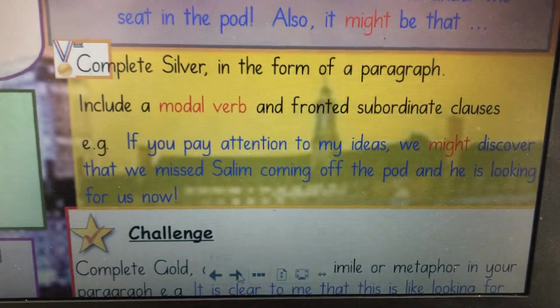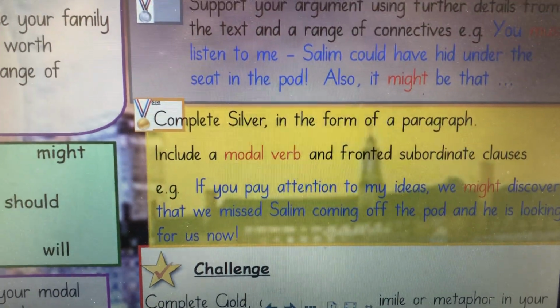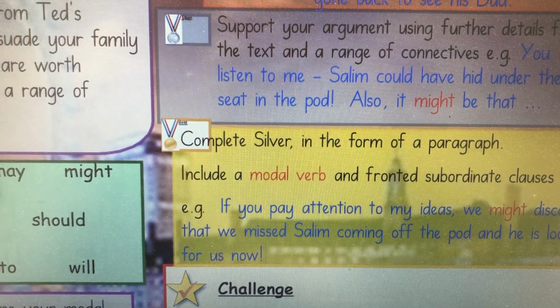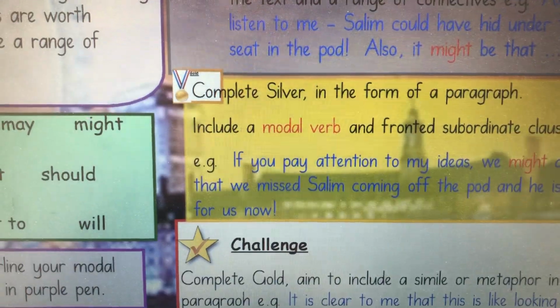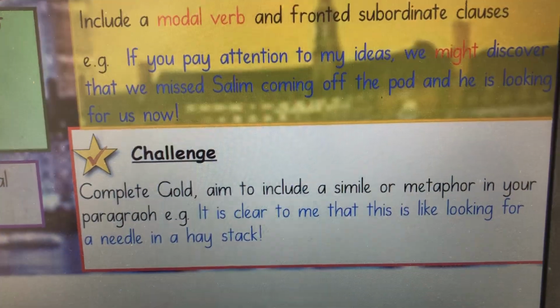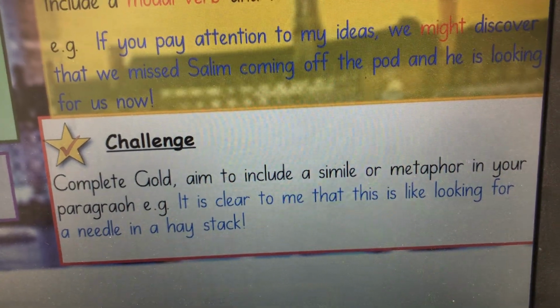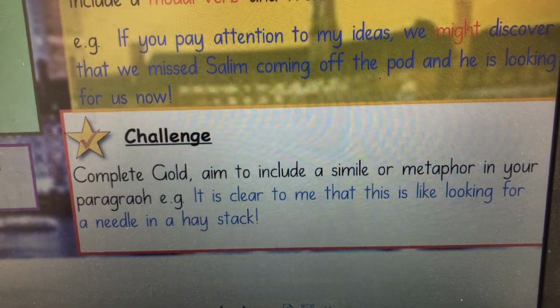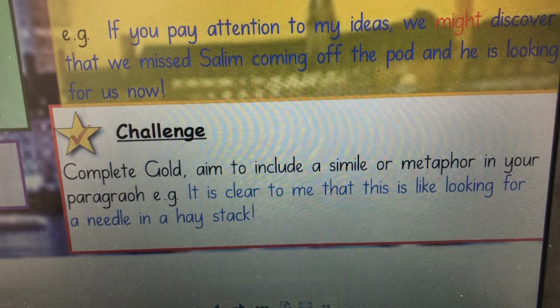Okay, so your paragraph will be built according to your confidence with using embedded and fronted subordinate clauses as well. And if you really want a challenge today, then your paragraph will aim to include a simile or a metaphor as well. And here's an example.